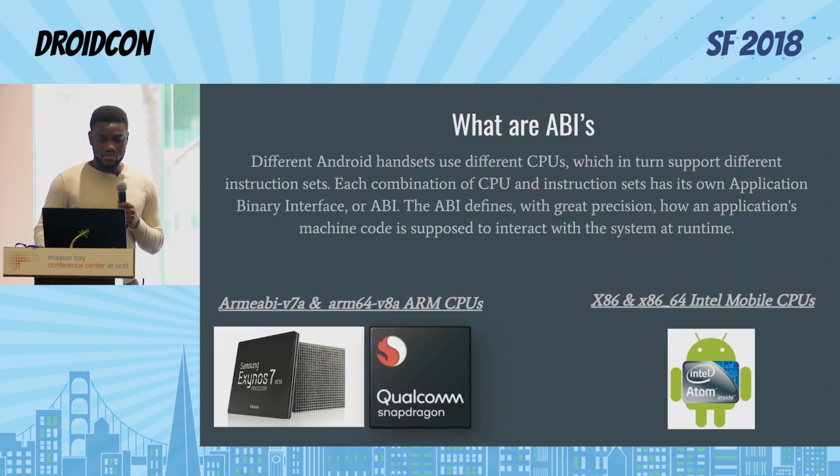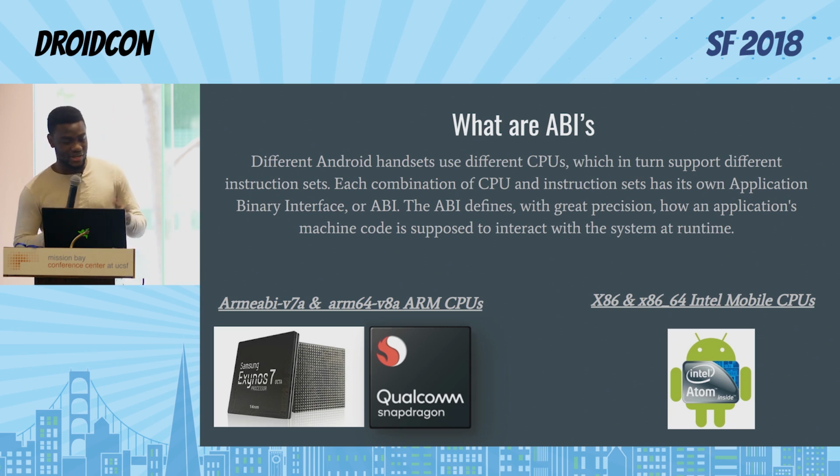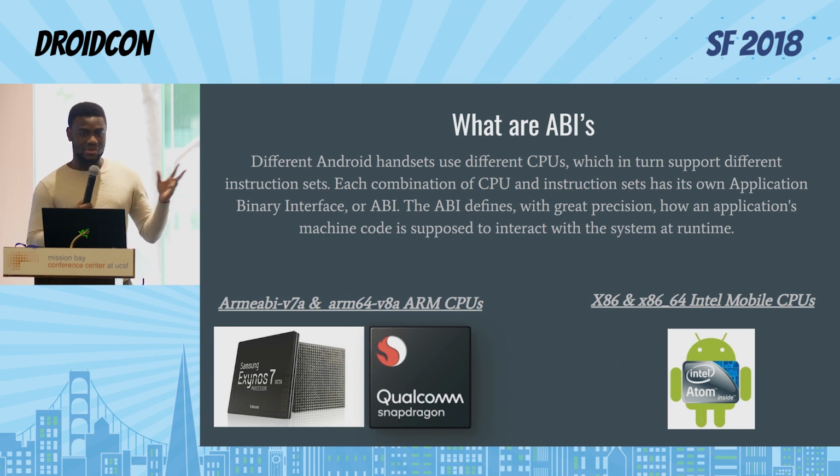So what are ABIs? On your phone, I don't know if anyone watches, when they look at a phone, like, what processor does it have? You hear Qualcomm Snapdragon 835, and you'll see a Samsung Exynos octa-core, and so on, right?